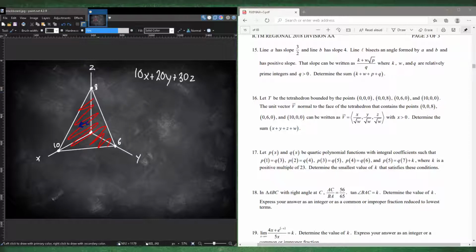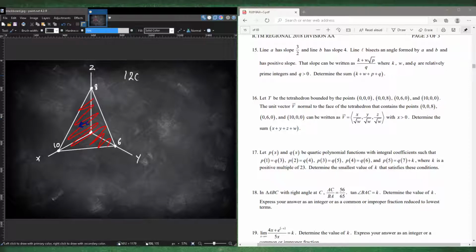So what we do is look for the LCM of 8, 10, and 6. So this is 2 times 5, this is 2 cubed, and this is 2 times 3. So we need three 2's, a 3, and a 5. So that's 8, that's 24, that's 120. So our LCM is 120.